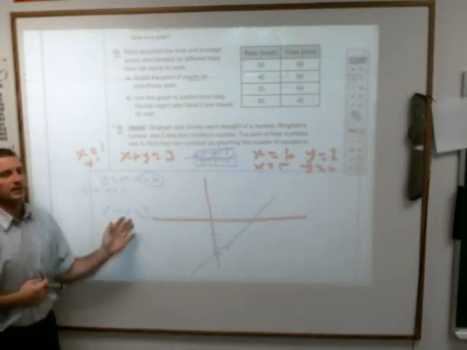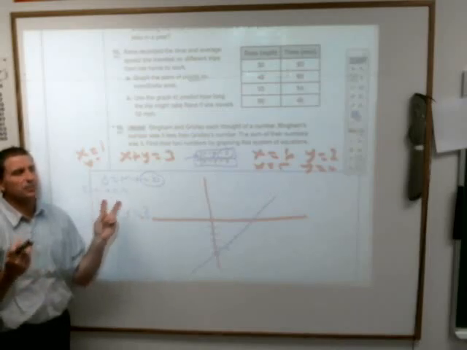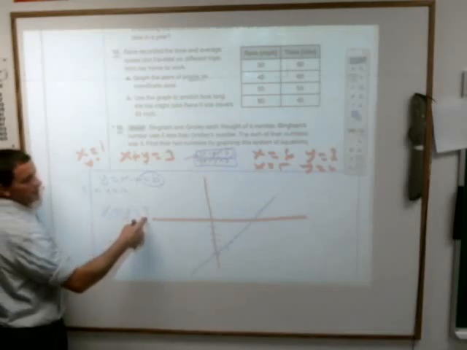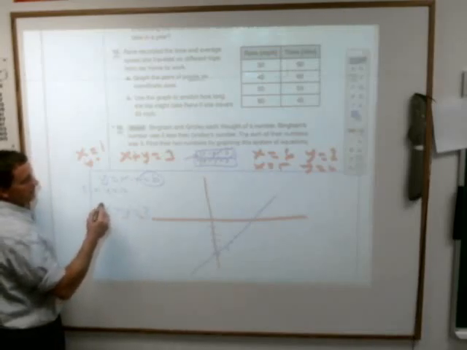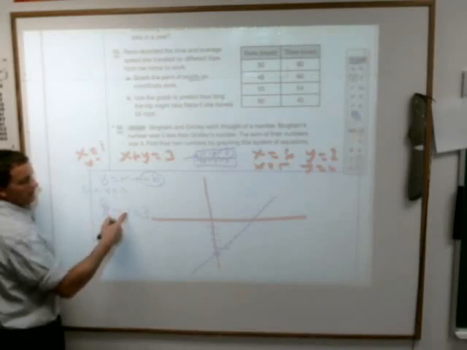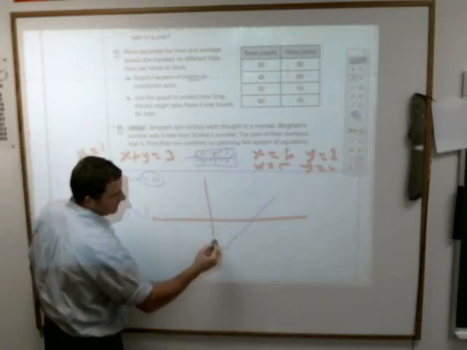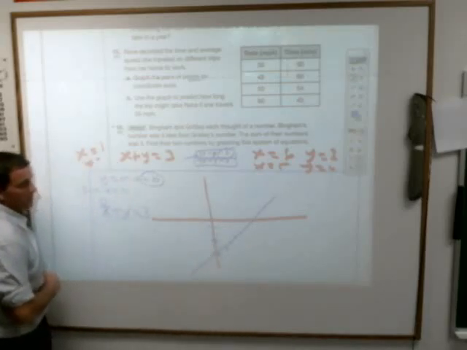And the easiest way to solve this is just finding both intercepts. In other words, you can find where it crosses the y-axis by putting 0 in for x. If you put 0 in for x, what do you get for y? 3. Y equals 3. So here where y equals 3, you know that line crosses the y-axis.